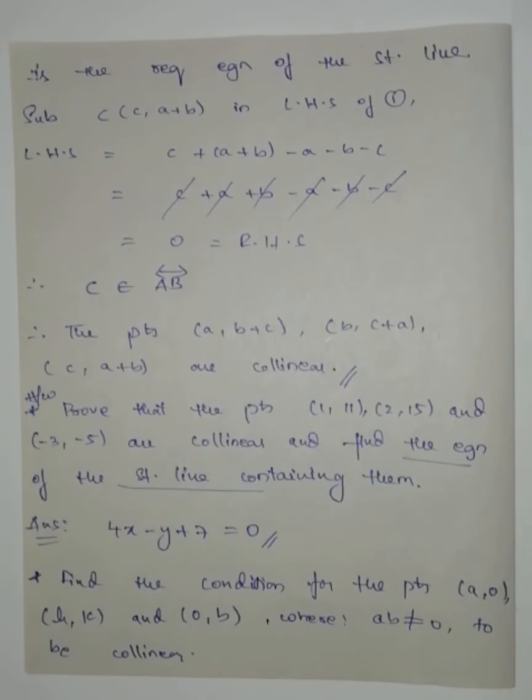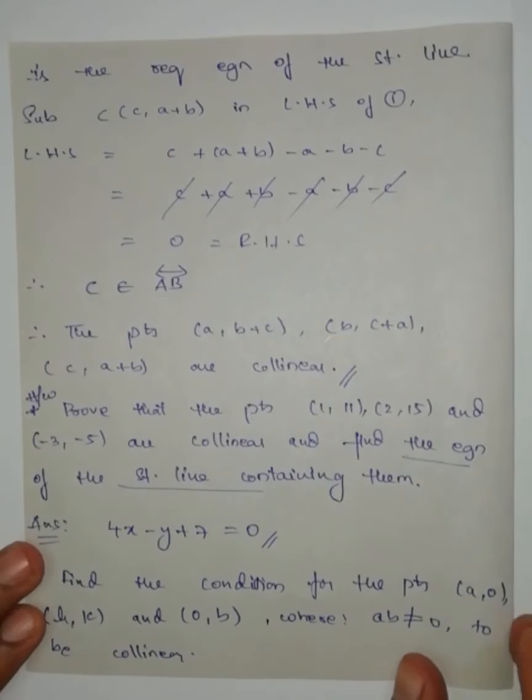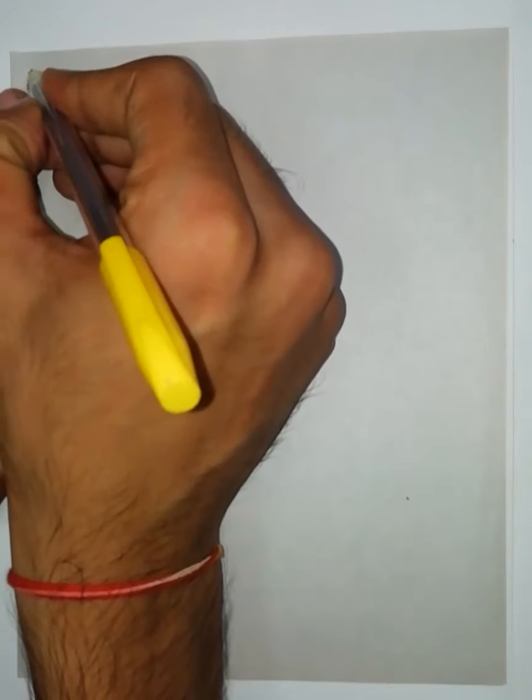The question says that we have to find the condition for the 3 points to be collinear. Solution: a very simple problem.